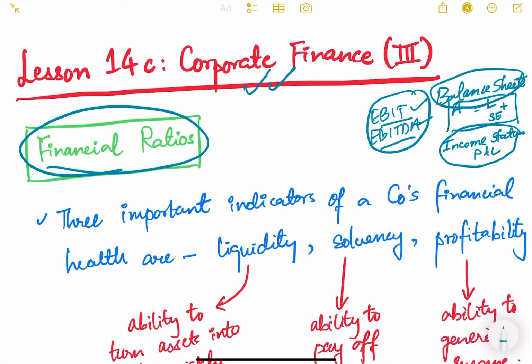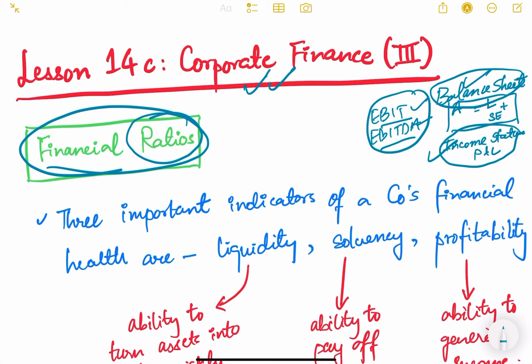But in order to do a better analysis of a company's position, its financial health, we work out some ratios. We find these ratios using the data from these two statements, and in this video we are going to see what different ratios we look at for a company.